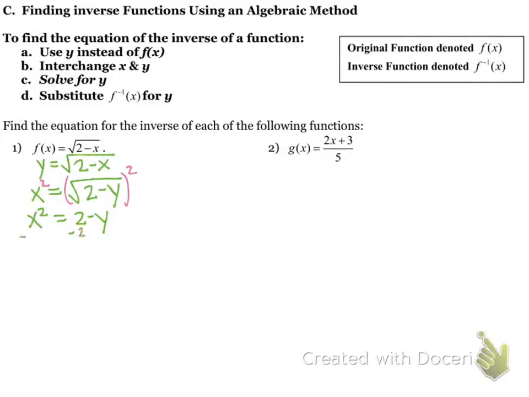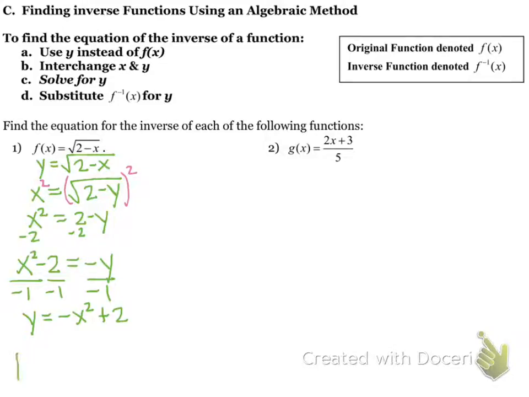I'm going to subtract 2 from both sides to get x squared minus 2 equals negative y, and then everything needs to be divided by negative 1. So we'll have y equals negative x squared plus 2.